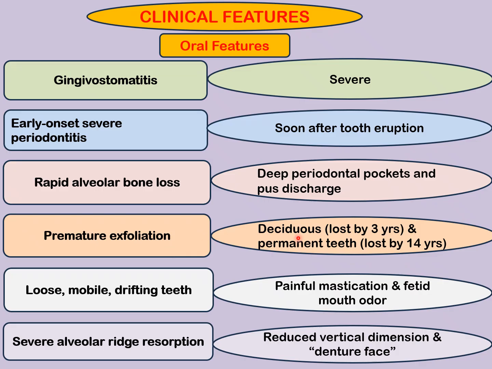That is, deciduous teeth are lost by 3 years and permanent teeth are lost by 14 years. We can also find loose, mobile, drifting teeth with painful mastication and fetid mouth odor. There is severe alveolar ridge resorption with reduced vertical dimension, and children present with a denture face appearance.